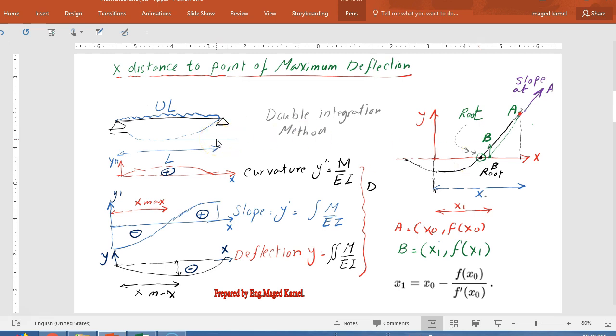For this uniformly distributed load, for example, we have the curve of deflection, and this is the point of maximum deflection that has x maximum distance from the left support.